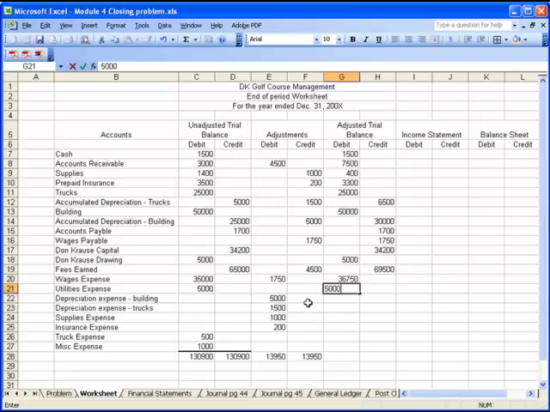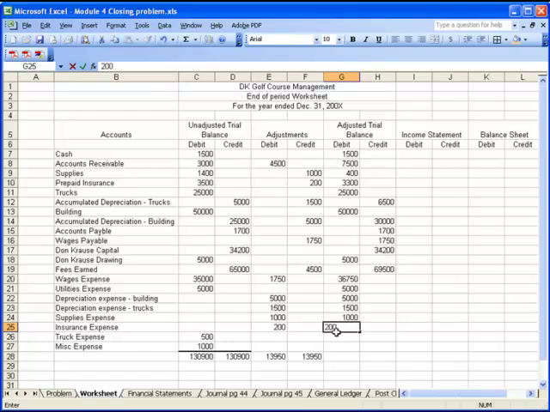And our depreciation expense on our buildings and our trucks and our supplies and insurance, there were no entries there before. We had some adjusting entries here, so zero balances before just means the adjusting entry is the new balance. And so $5,000 here, $1,500 here, $1,000 here, and $200 here.